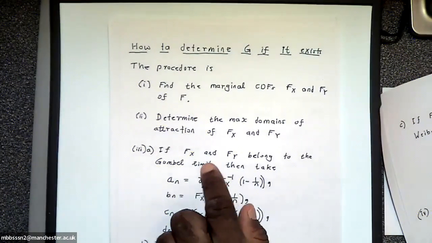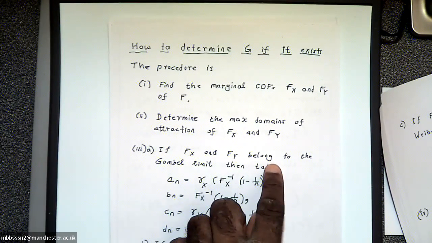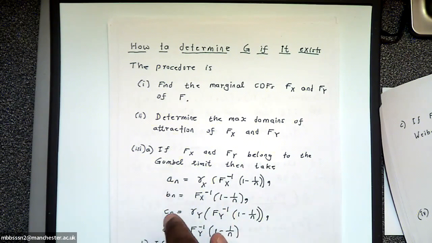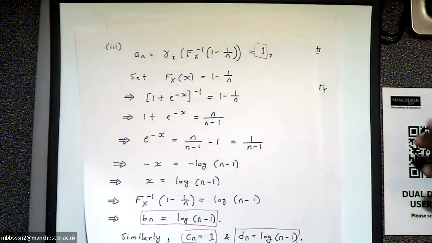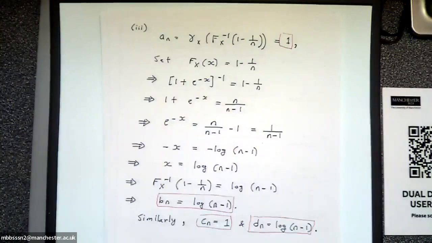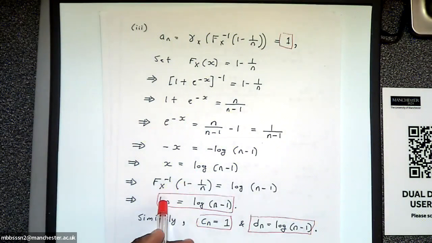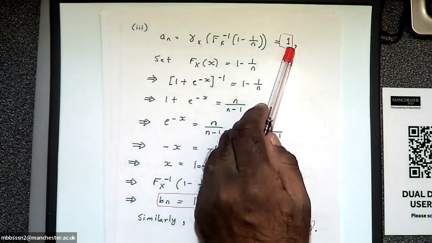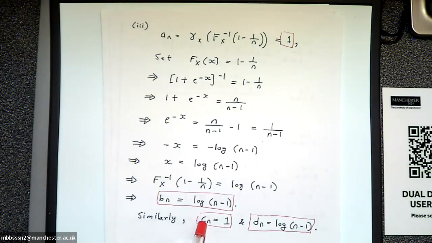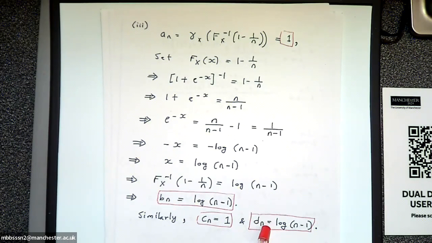If Fx and Fy belong to the Gumbel domain, then these are the formulas for A_n, B_n, C_n, and D_n. That's what I have used here. I have used those formulas to figure out A_n equal to 1, B_n equal to log of n minus 1, C_n equal to 1, and D_n equal to log of n minus 1. So that's step number 3.